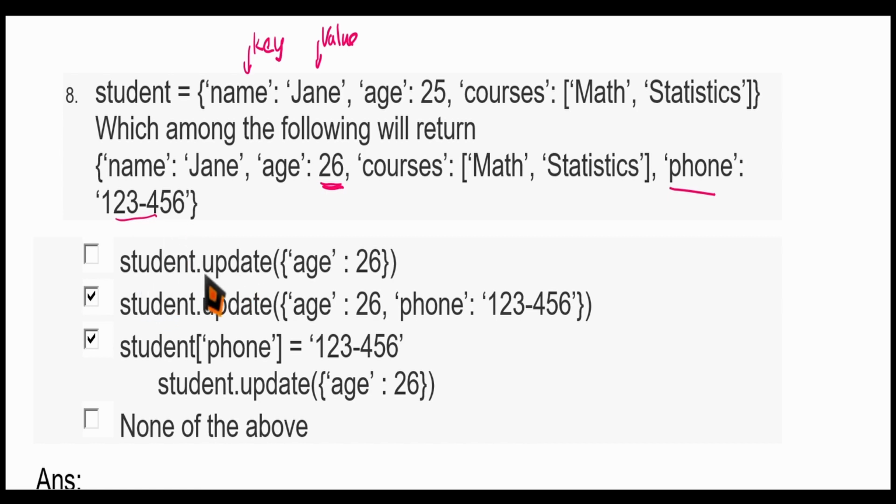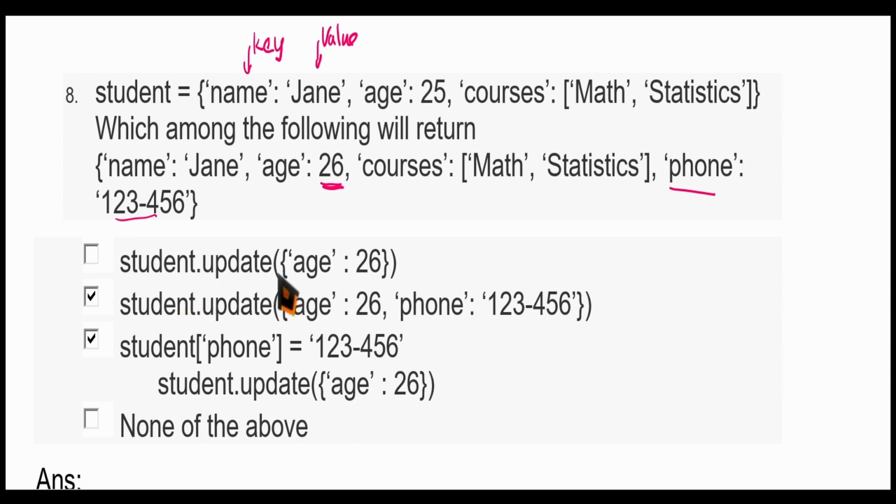Now you see this instruction, student, that is the dictionary name, update. Update means if the element is already available, that element's value will be updated. If the element is not available, then that key and value will be added there.